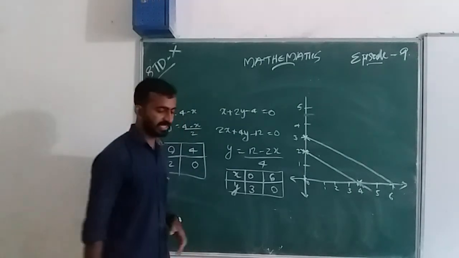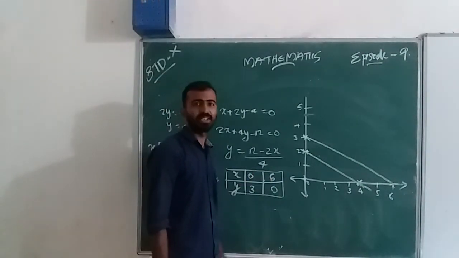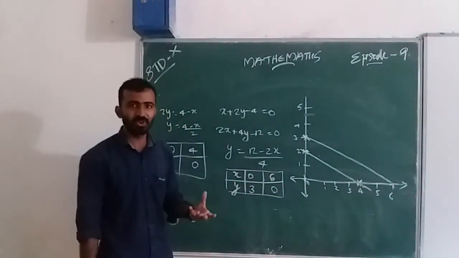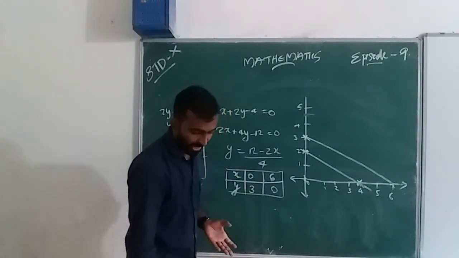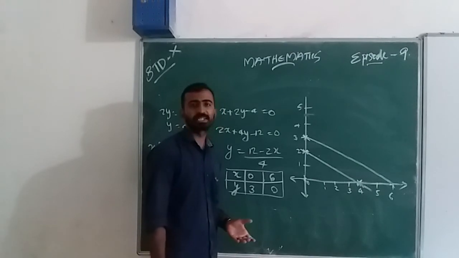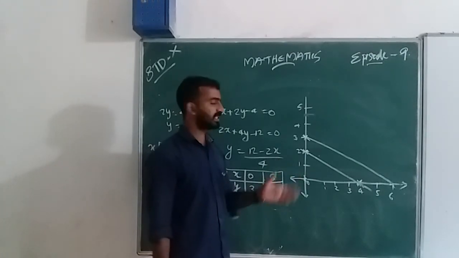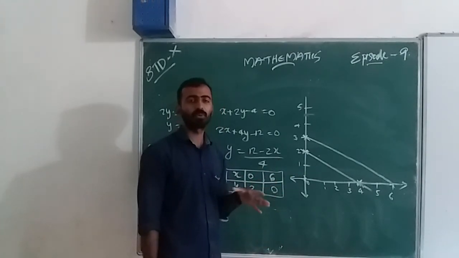Here we can see the lines are parallel. Already they told us two rails, and rails go parallel.